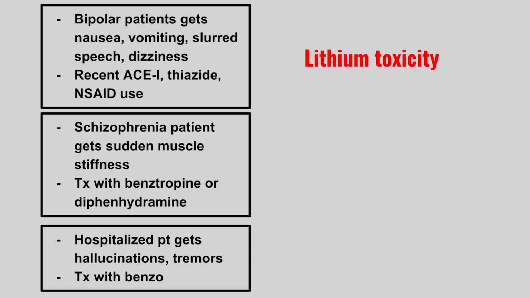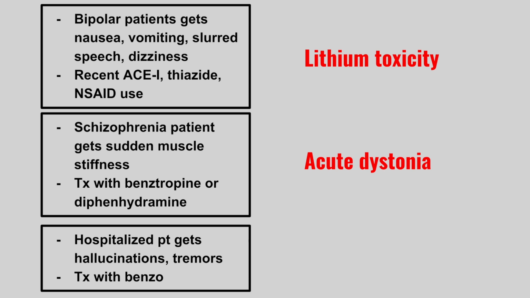This is lithium toxicity. Next, we have a schizophrenic patient who gets sudden muscle stiffness, and we treat this with benztropine or diphenhydramine. This is acute dystonia.